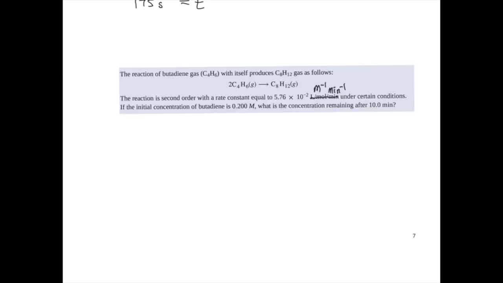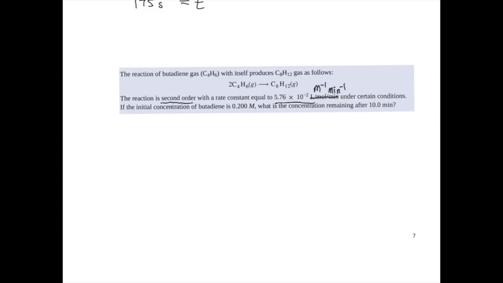So under this set of conditions, it says if the initial concentration of butadiene is 0.2 molar, what is the concentration remaining after 10 minutes? So it says second order. There's our key. Here's our second order rate constant.